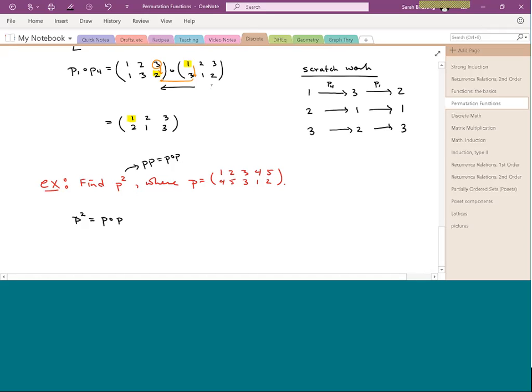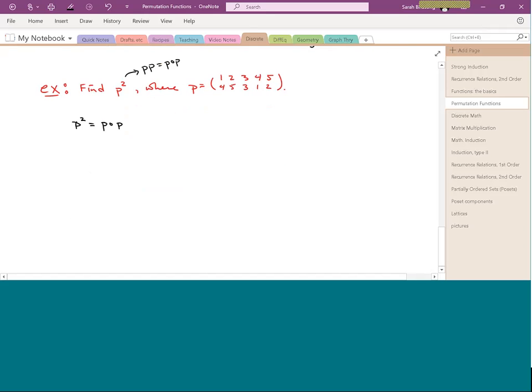Okay? So if we want to compute here p squared, what are we going to do? Well, we're going to be looking at composing this same guy with itself. So 1, 2, 3, 4, 5, and then 4, 5, 3, 1, 2, and just copy it down. So 1, 2, 3, 4, 5, 4, 5, 3, 1, 2.